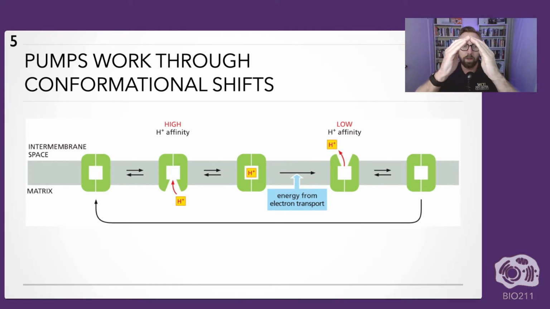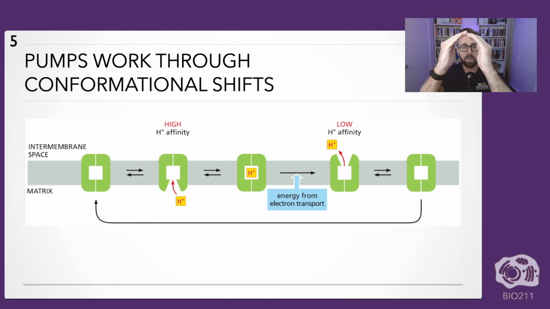When they open up toward the matrix of the mitochondria, which is where all these protons are, they will have a high proton affinity. Then they close. When they open, they have a low affinity for protons, so the protons move out.